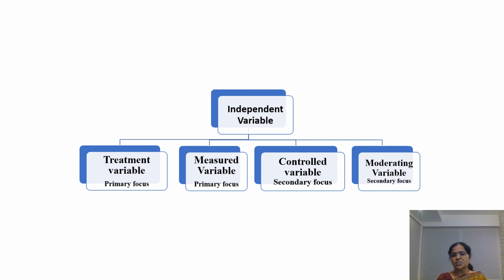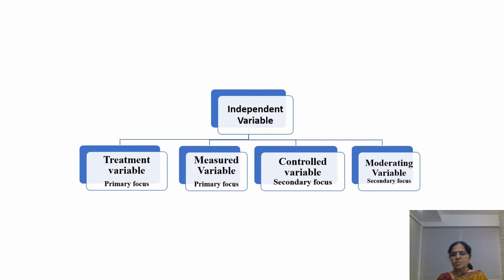And parents' education, the level of parents' education may be considered as the controlled variable, because we know definitely parents' education will influence the performance of the students in English. We can control this by having two groups of participants with parents having equal educational background, in which case it is known as controlling by the design of the research. Or this control can be done by choosing appropriate statistical procedures like I told you, ANCOVA.